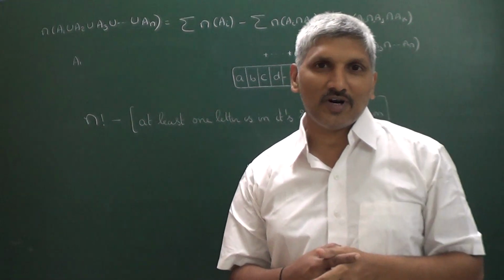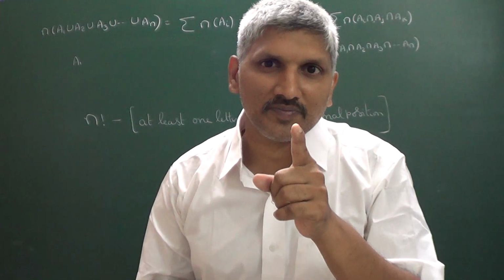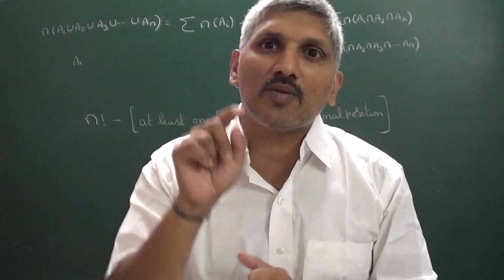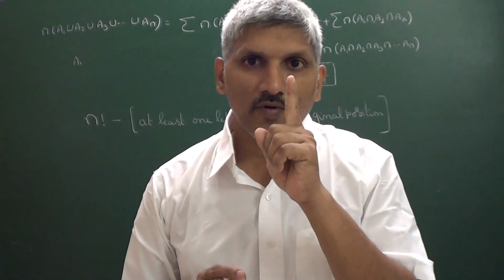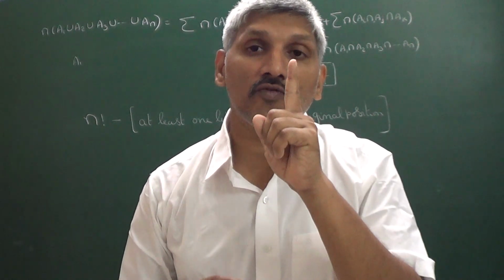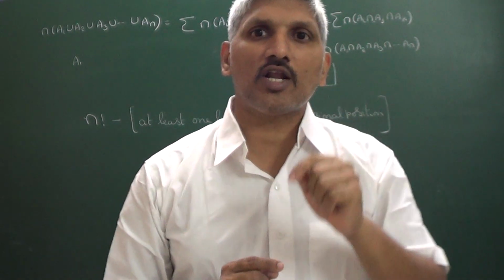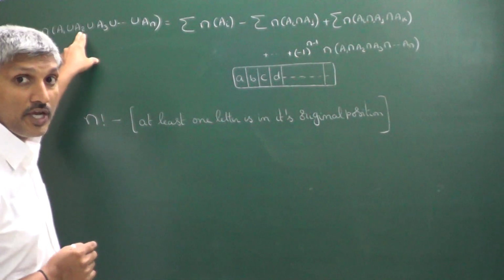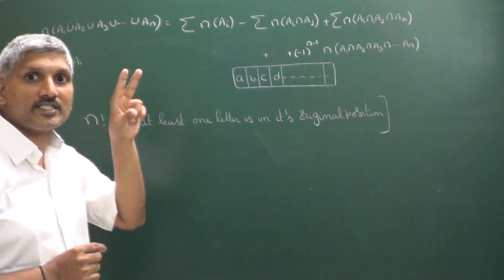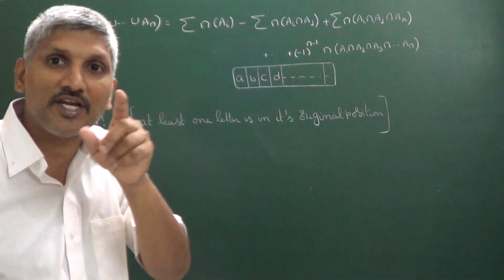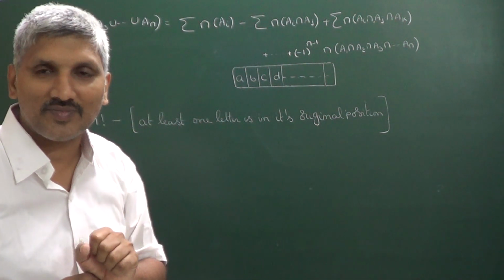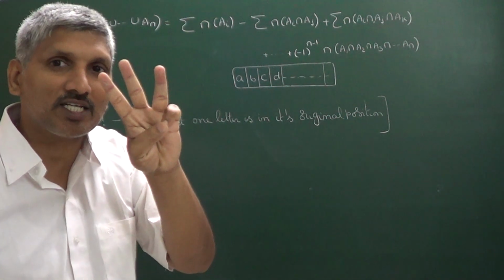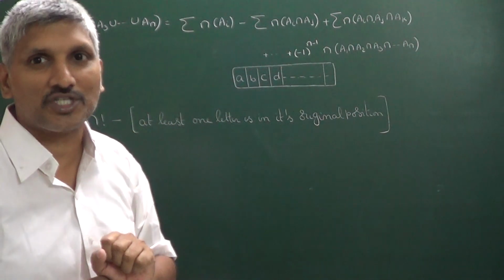Sir, what is A1? A1 denotes exactly one letter in its original position. A2 denotes exactly two letters in their original positions. A3 denotes exactly three letters in their original positions.